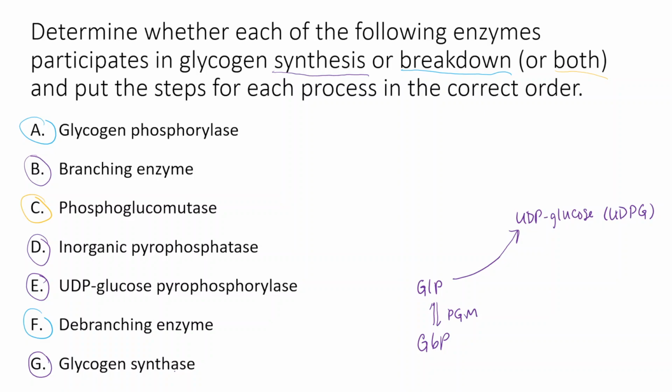For that we need another substrate, UTP. We're taking part of that UTP and sticking it onto the glucose 1-phosphate, and at the same time we're hydrolyzing off the inorganic pyrophosphate. So which enzyme sticks the UTP onto the glucose 1-phosphate, releasing the pyrophosphate?